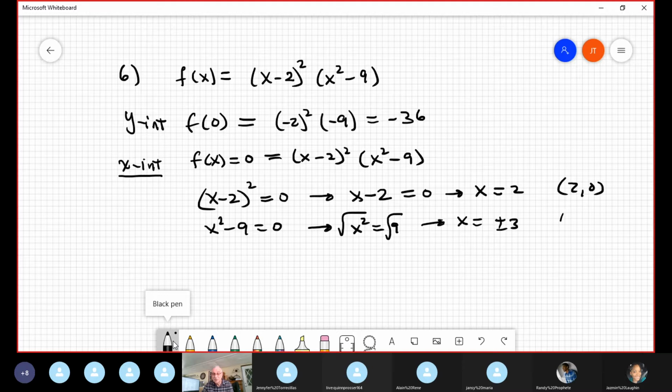The total we have is 1 y-intercept at the point 0, negative 36, and the x-intercepts 2, 0, 3, 0, and minus 3, 0.